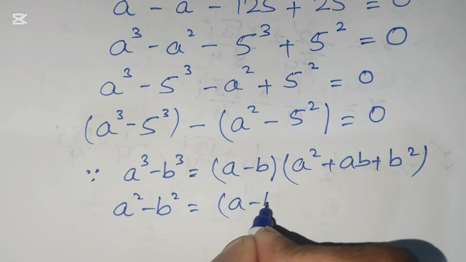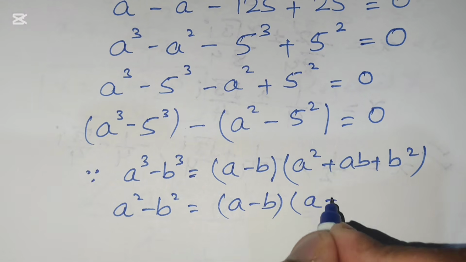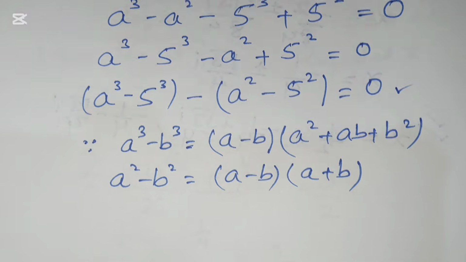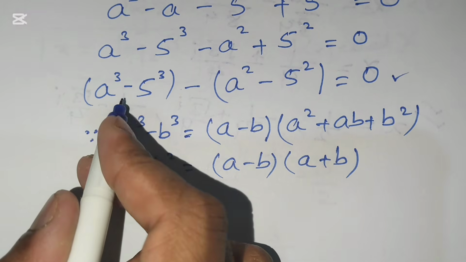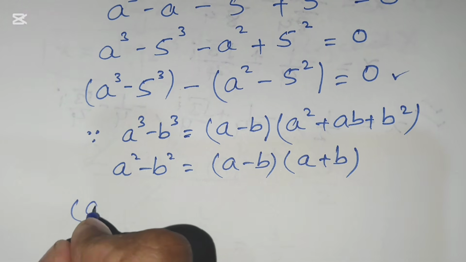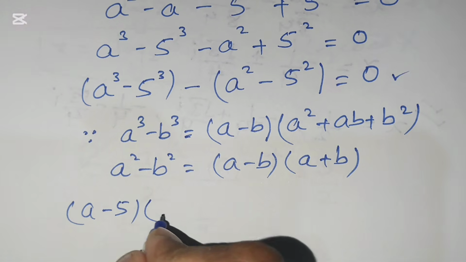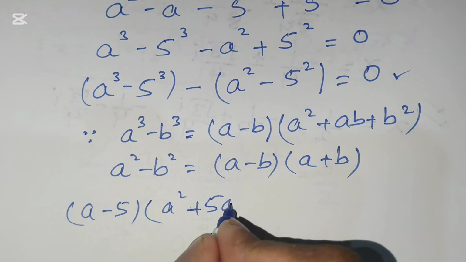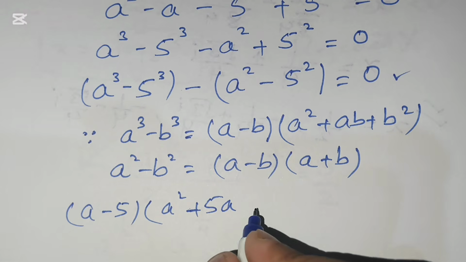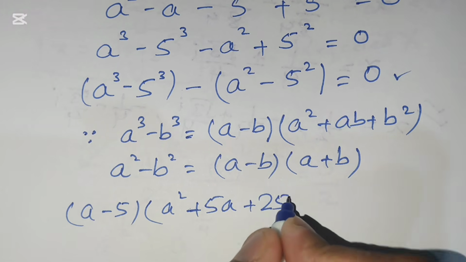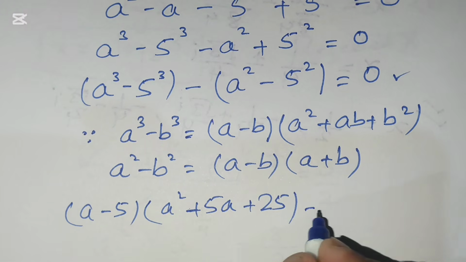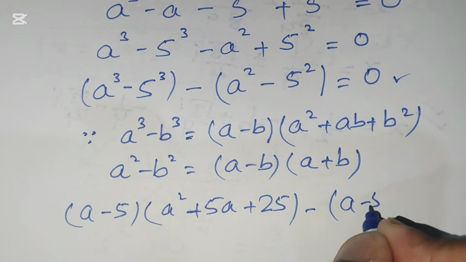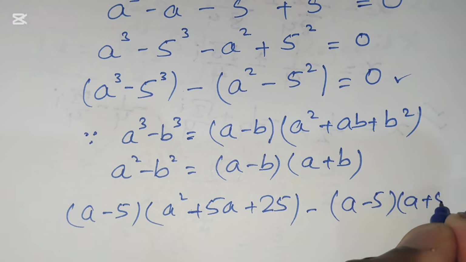This is (A minus B) times (A plus B). Now we will write this equation as (A minus 5)(A square plus 5A plus 25) minus (A minus 5)(A plus 5) is equal to 0.